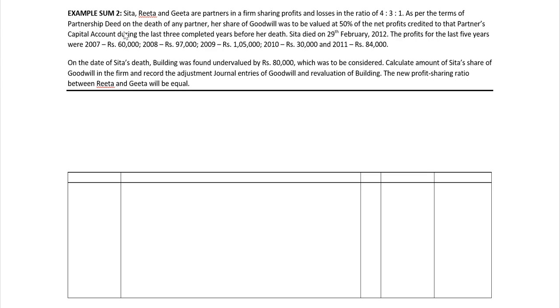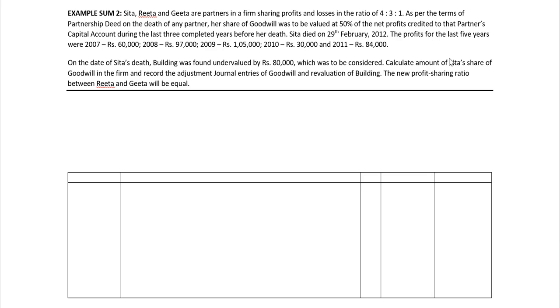Sita, Rita and Geeta are partners in a firm sharing profits and losses in the ratio of 4:3:1. As per the terms of the partnership deed, on the death of any partner, her share of goodwill was to be valued at 50% of the net profits credited to that partner's capital account during the last 3 completed years before her death. Sita died on 29th February 2012.